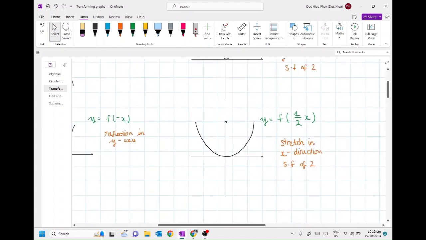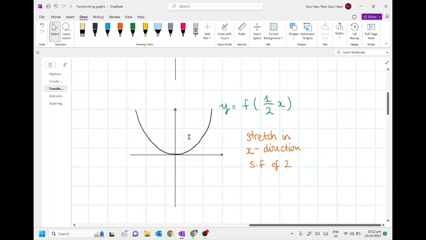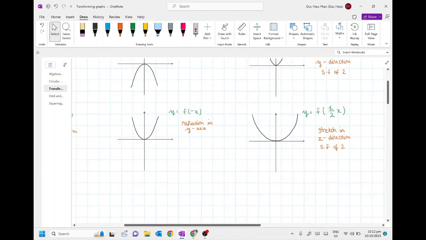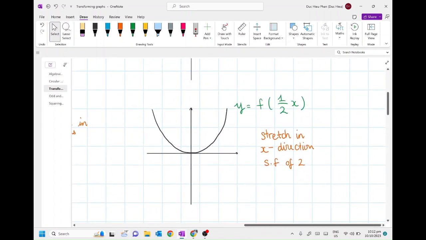But if you think about it logically, this makes a lot of sense. And just remember, the changes to x values are very counterintuitive. So if you divide x by 2 before putting it into the function, you're actually stretching the graph of y equals f(x) by 2 in the x direction.